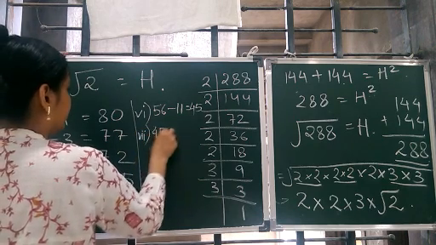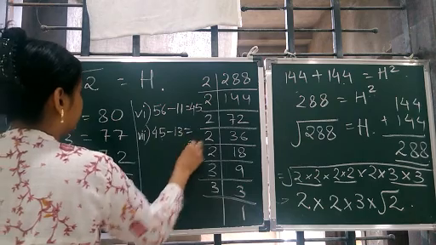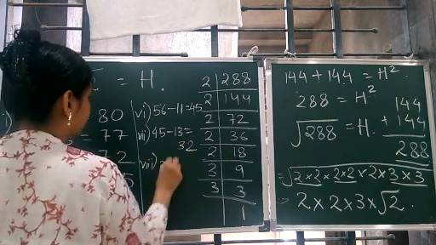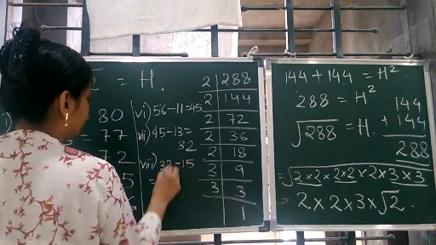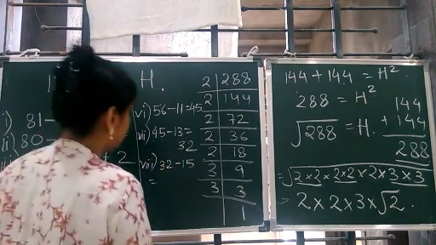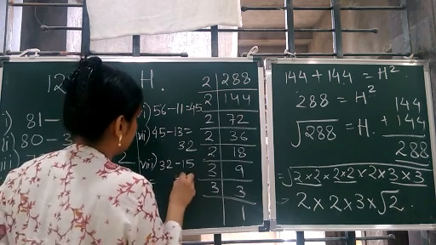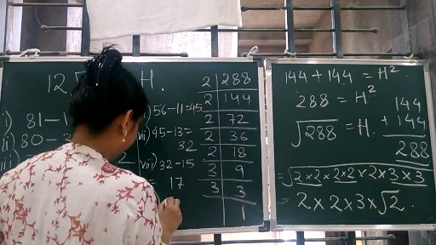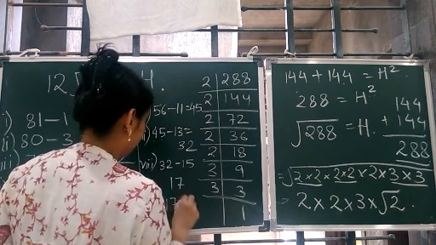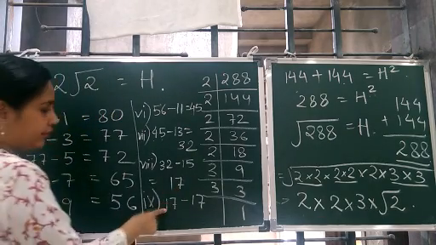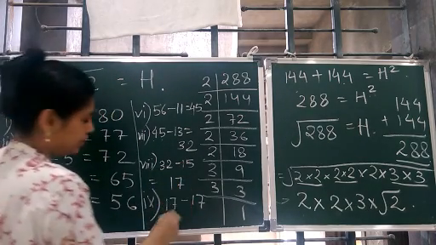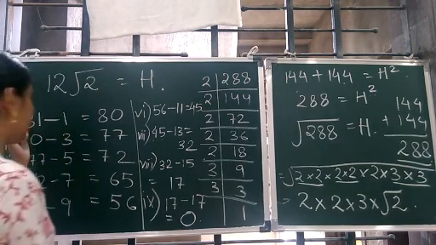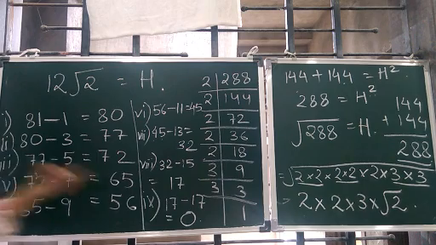Next odd number? 17 is the difference, and next odd number after 15 will be 17. Answer is 0. So if you get a 0, we stop and we get 0.